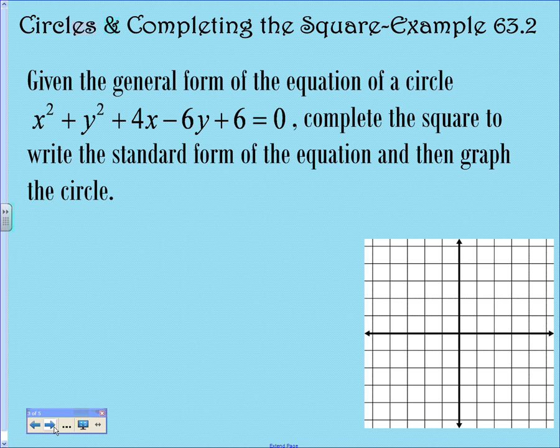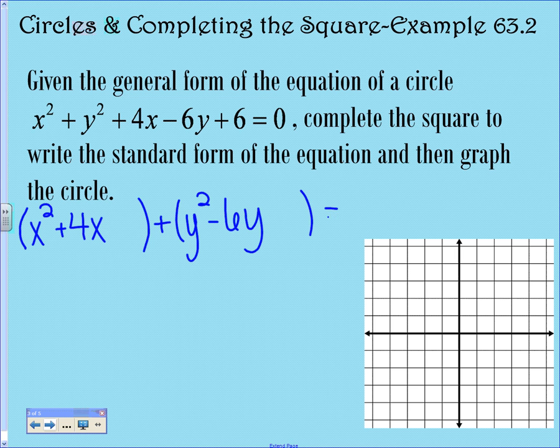So what is the first step that you want to do? Okay, group your x's. So you have x squared and plus 4x. What else? Do the same thing with your y's. So y squared minus 6y equals what?